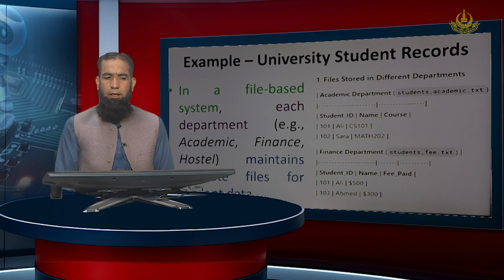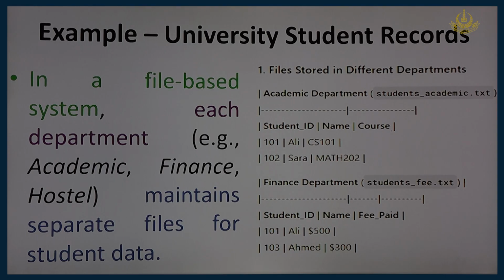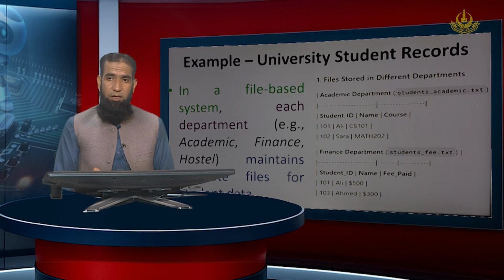For example, in a file-based system, each department, for example the academic department, finance department and hostel department, maintains separate files for student data. They repeatedly store Ali's information, Sarah's information, and other students' information. There may be spelling mistakes, address mistakes, ID mistakes.